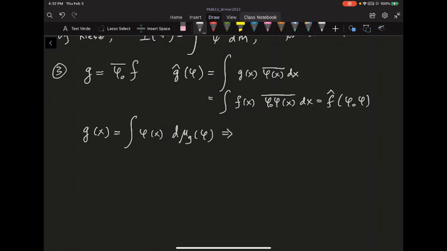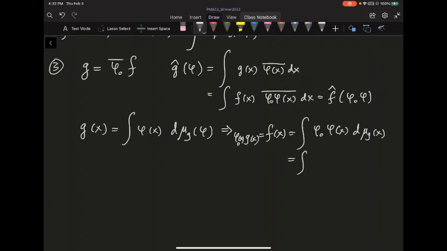Well, if you look at f(x), that's going to be equal to the integral of φ₀φ(x) dμ_g. So essentially this f(x) is just equal to φ times g, so φ(x), φ₀(x) times g. You multiply everything by φ₀. Well, because now you have f(x) is also equal to the integral against φ(x) dμ_f(x).